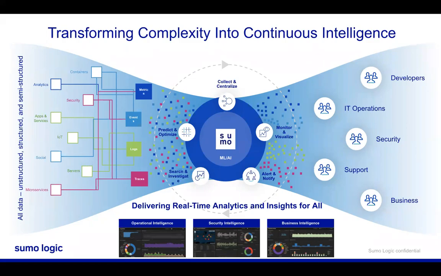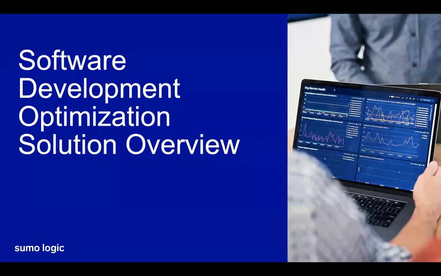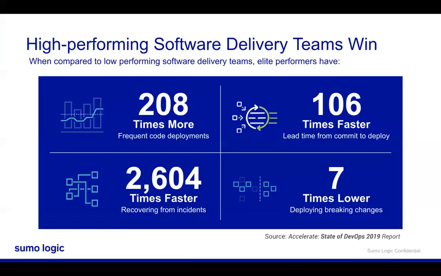Okay, so let's dive into our solution for today. In talking about software delivery, the DevOps Research and Assessment, or DORA, research is really a great place to start. DORA research has shown that improving the industry standard for key metrics of software development and delivery is a key predictor for success for teams and organizations.